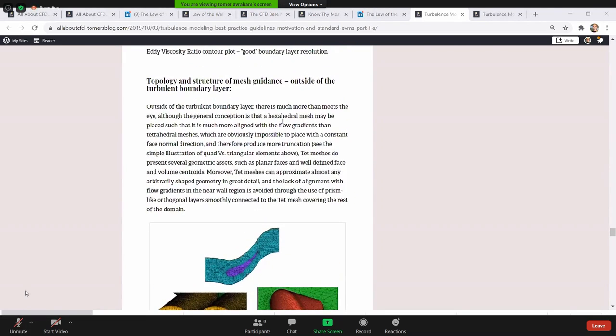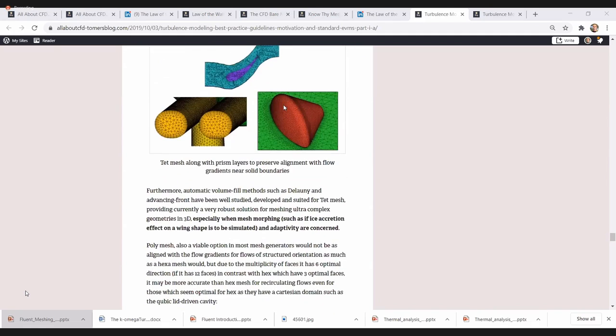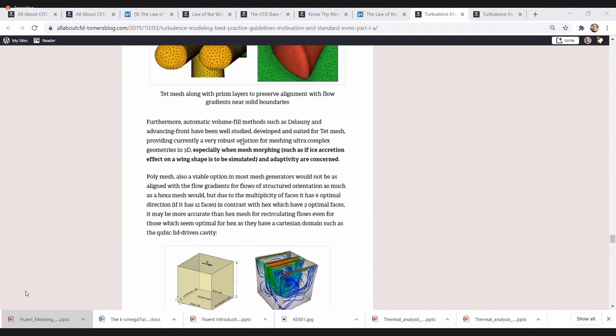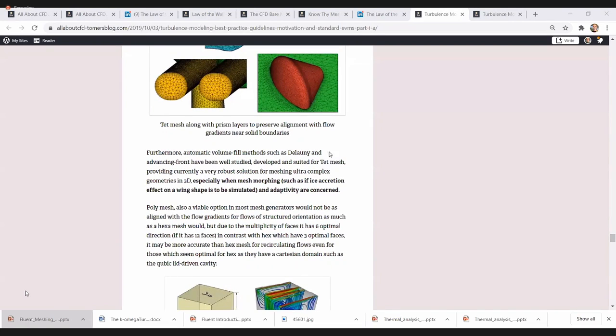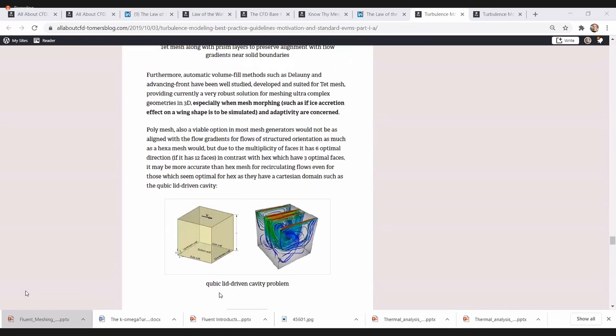Topology of mesh is very important. This is something very interesting. What you see here is a cubic lid-driven cavity problem.